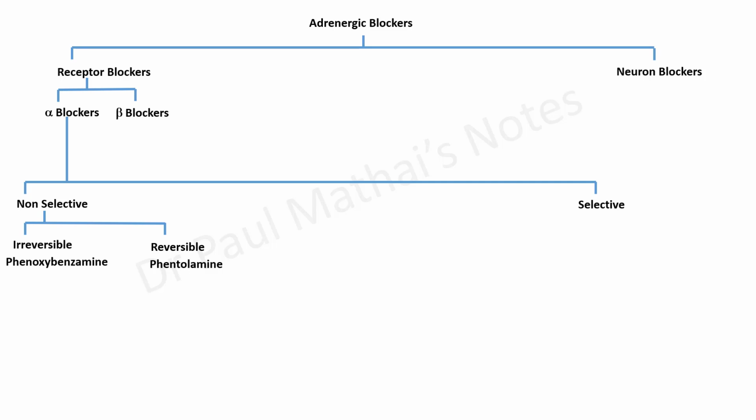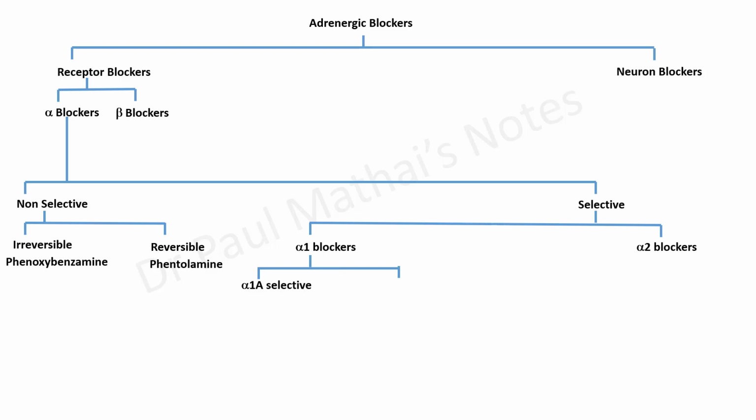Selective alpha blockers are classified broadly into two: selective alpha 1 blockers and selective alpha 2 blockers. Selective alpha 1 blockers are classified into alpha 1A selective blockers and alpha 1 selective blockers.